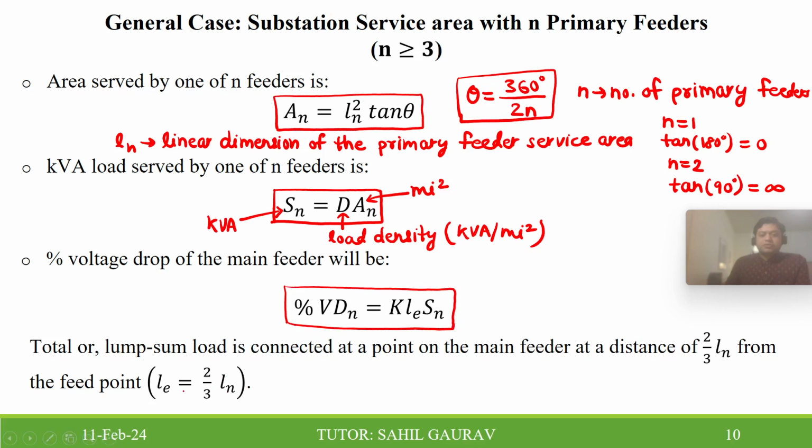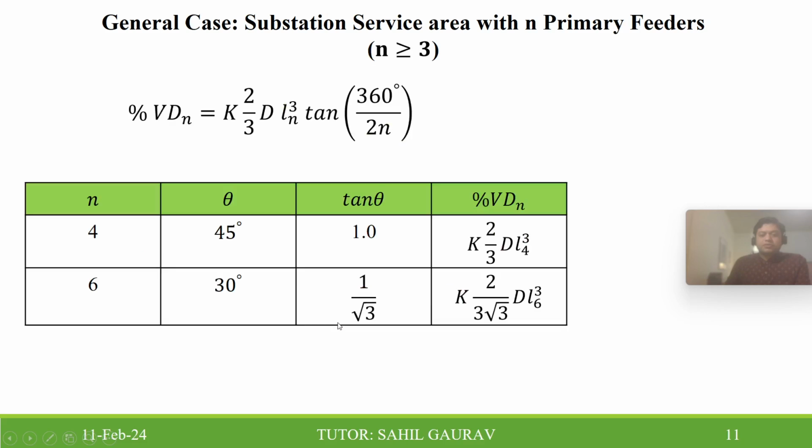For the feeder having uniform load density with triangular service area, we know that the effective length is 2/3 of L_n. So the total or lump sum load is connected at a point on the main feeder at a distance of 2/3 of L_n from the feed point. This is also important, 2/3 of L_n. Now we put all these expressions and we will get the generalized expression of percentage voltage drop. So you will get this expression.